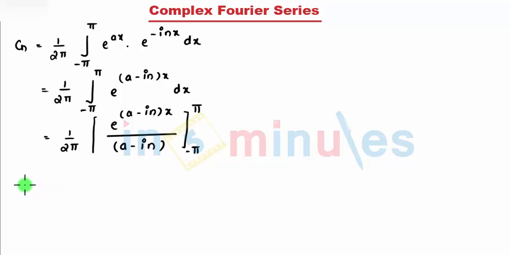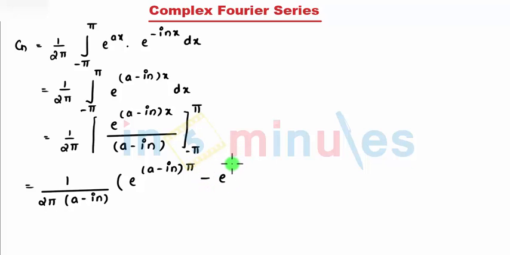So now I can say 1 divided by 2 pi into a minus i n, and then putting the upper limit I get e raised to a minus i n into pi, minus e raised to a minus i n into minus pi.